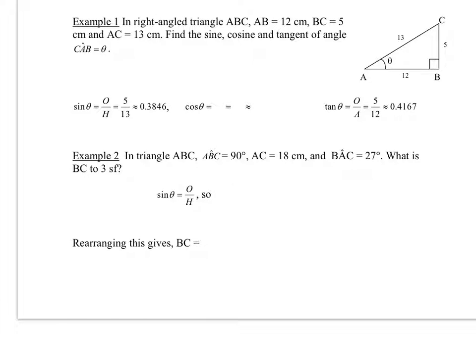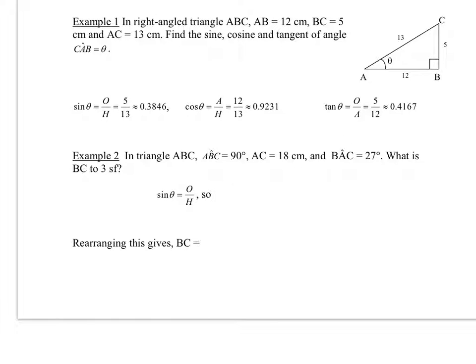In the same way, cosine of theta is adjacent over hypotenuse, which in this case is 12 over 13, which is 0.9231. And we've already got the tangent in there. It's again the opposite, this side here, divided by adjacent: 5 divided by 12.